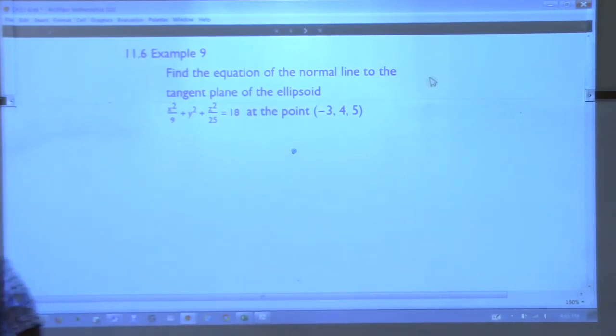See if you can figure that out. I'll give you just like 2 minutes, 3 minutes. That's not for bonus. That's just to see if someone can figure it out.